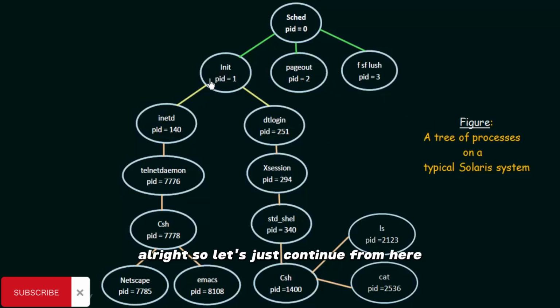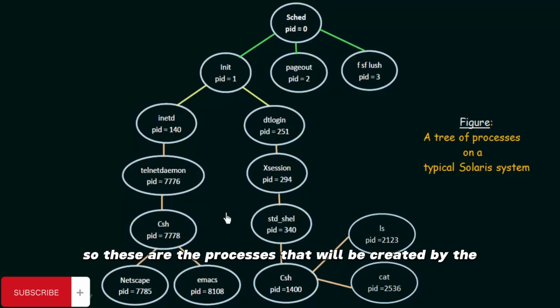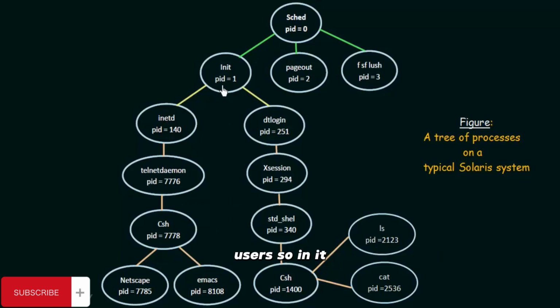Let's continue from here and see the meaning of these processes. We first saw that we have a parent with 3 children. Now, init will serve as a parent for all the processes created by the user. Here init created 2 child processes, inetd and dtlogin.